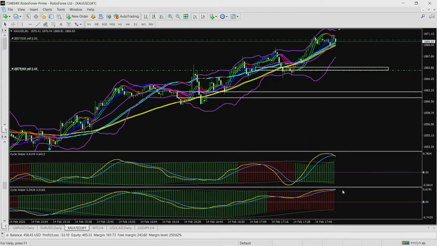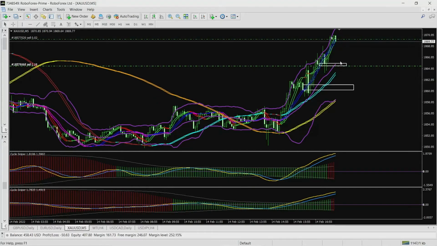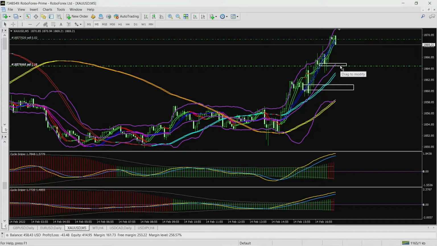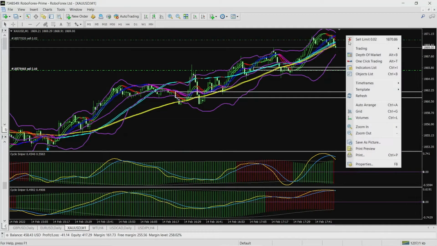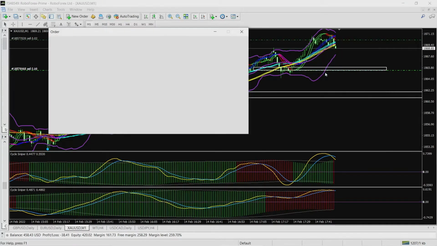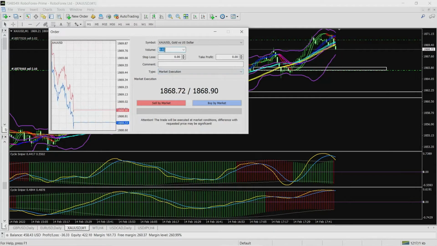Set 1, set 2, 1 minute chart, 5 minutes, first target. Let's take our money from this.